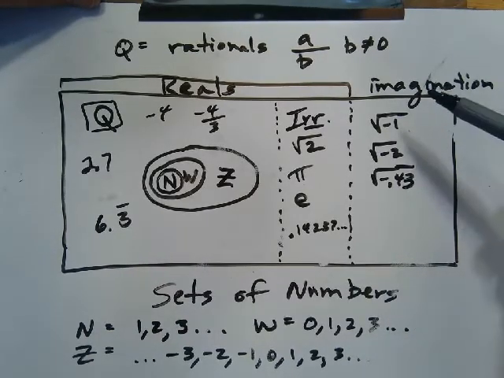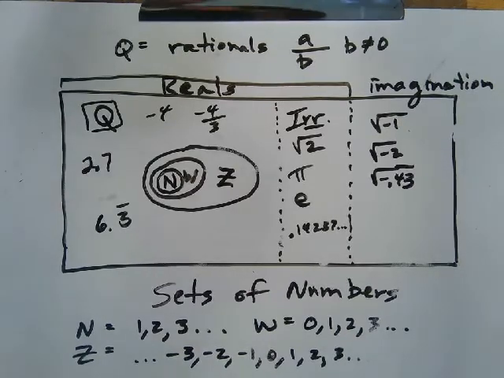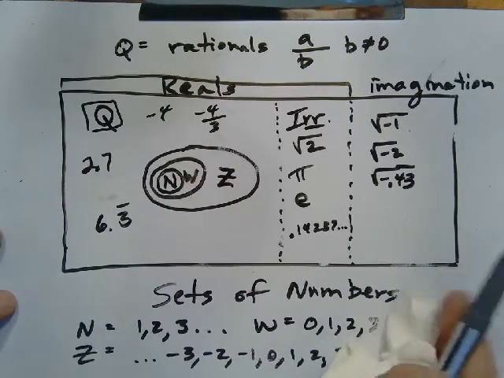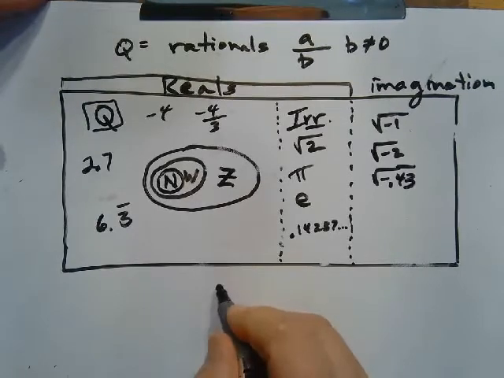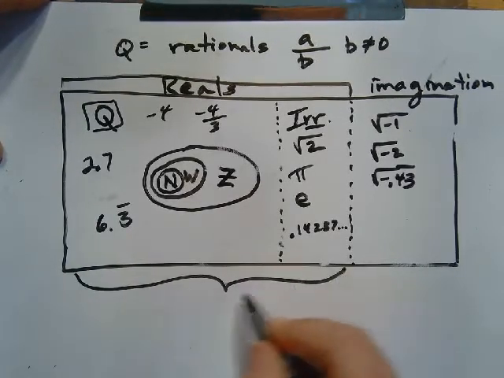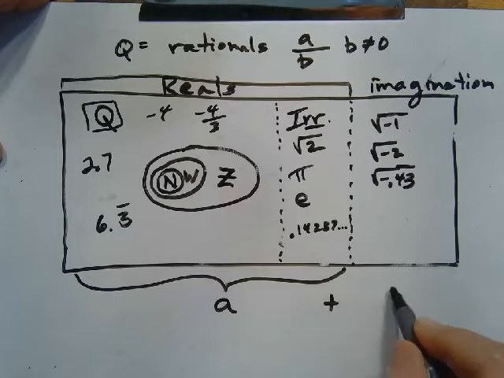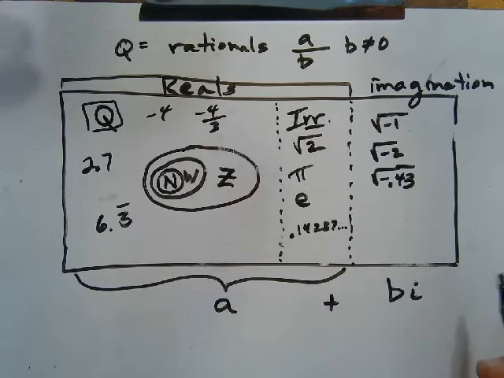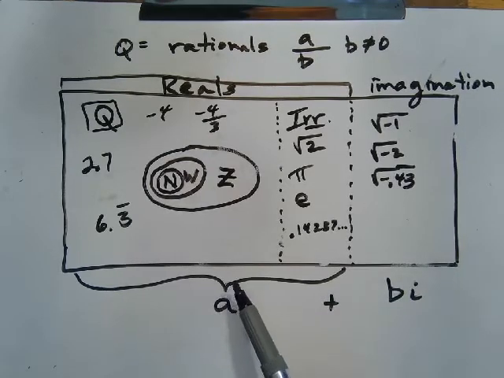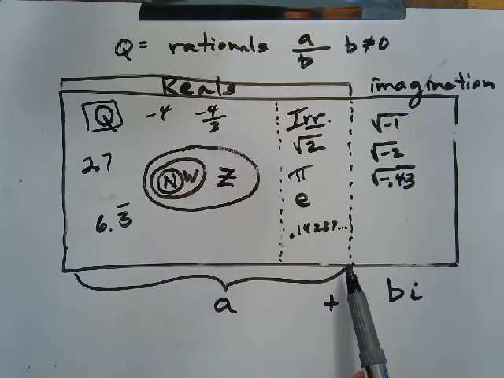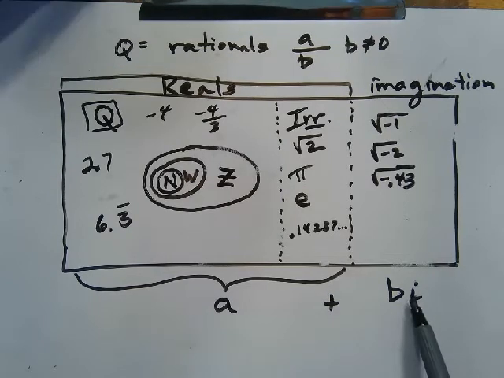So what you saw on the calculator, I'm going to erase this at the bottom here, is that set of numbers, a + bi. bi is imaginary, and a is the real part. Now, up until now, in all of your math work, you never really saw bi.